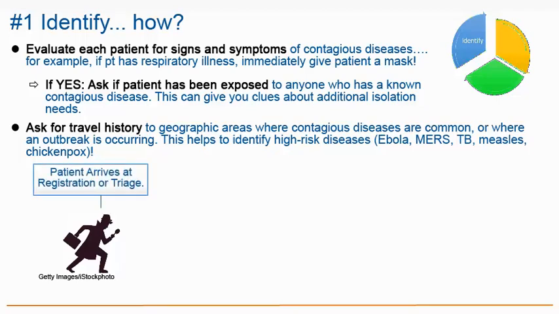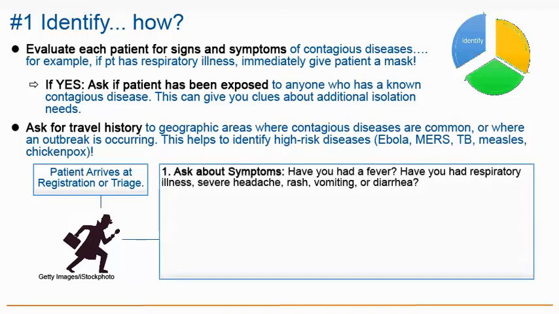So, to summarize, when a patient arrives at the registration or triage area of the emergency department, first, ask about symptoms. Have you had a fever? Have you had a respiratory illness? Severe headache, rash, vomiting, or diarrhea?